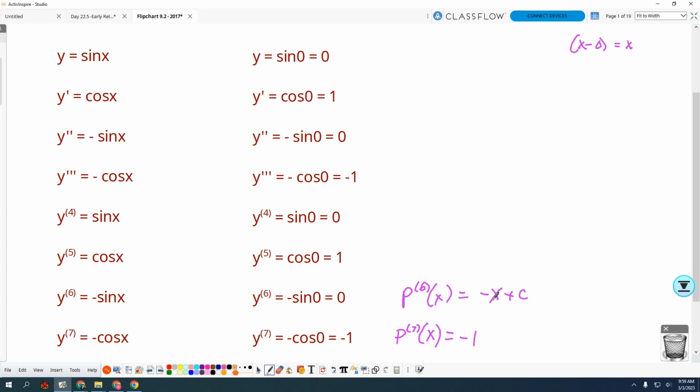So plugging in 0, what does c end up being, Arjun? 0 equals -0 plus c. What is c? 0. There we go.